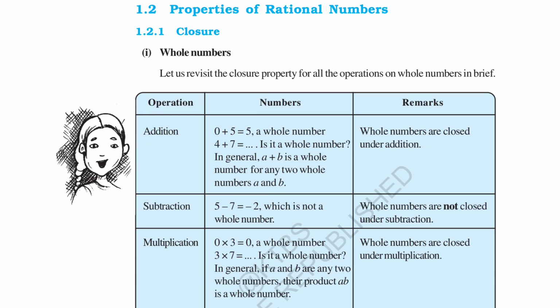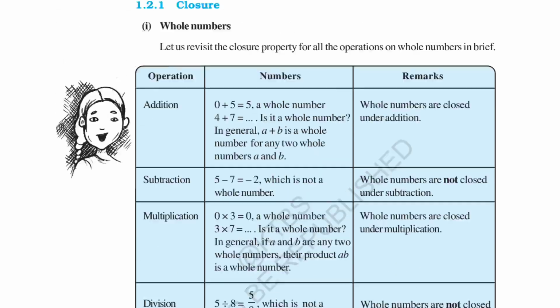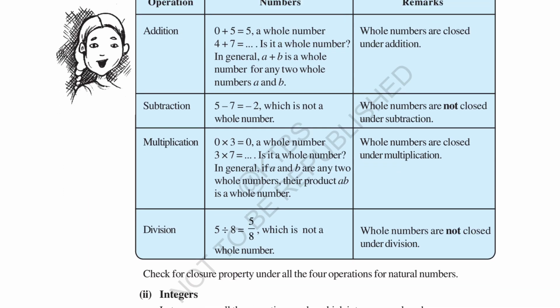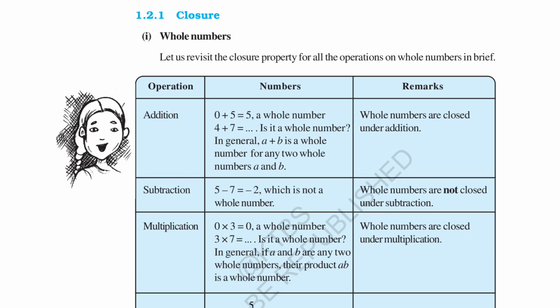Here we can see so many properties related to whole numbers on the mathematical operations addition, subtraction, multiplication and division. Our aim is to see whether the closure property is satisfied for addition, subtraction, multiplication and also division. Here they have given so many examples.